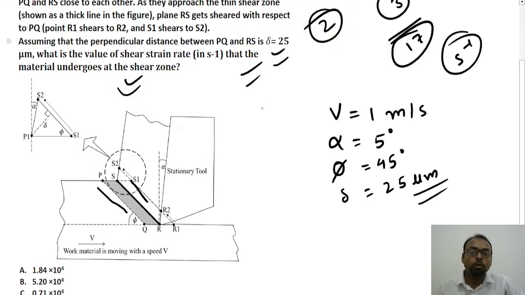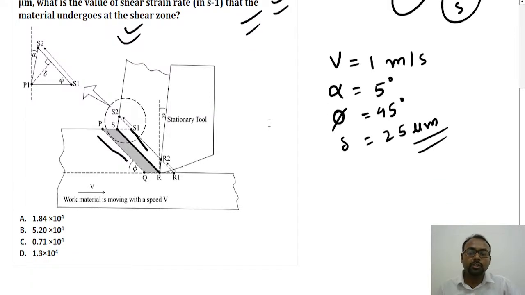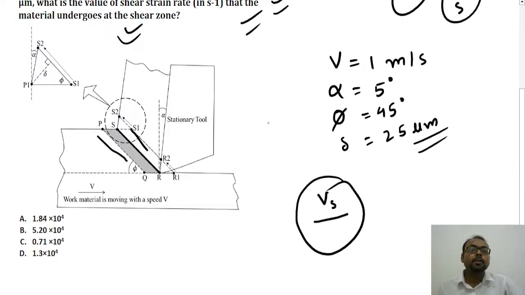Now we have to find the shear strain rate. So what is the equation for the shear strain rate? That is very easy. The shear strain rate is given by Vs divided by delta. What is Vs? Vs is the shear velocity, and delta is the thickness of the shear plane.